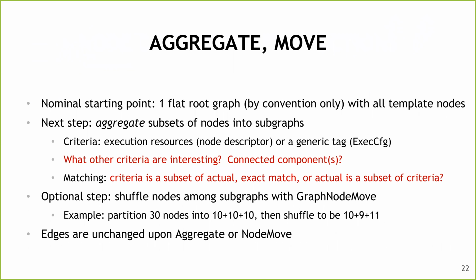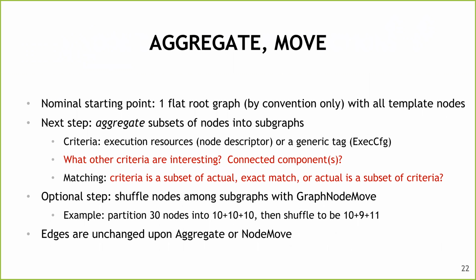So again, we have this notion of one flat root graph. That's just a convention. It's not actually a special object. And being able to aggregate nodes into subgraphs for that. The criteria on which you may want to do that aggregation is to say, hey, everything for the same kind of target, same set of execution resources, group all that together.